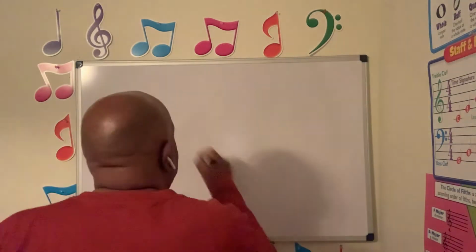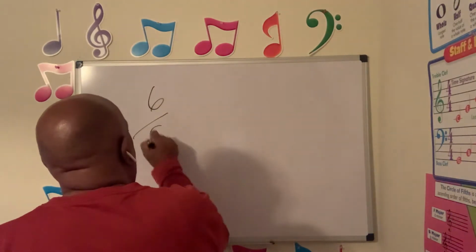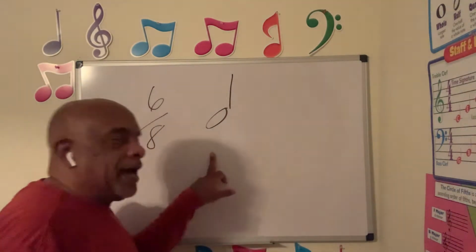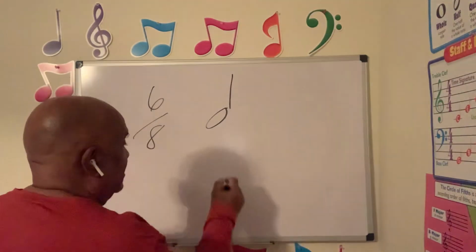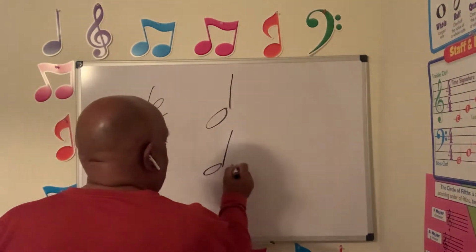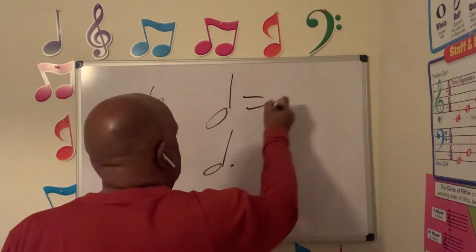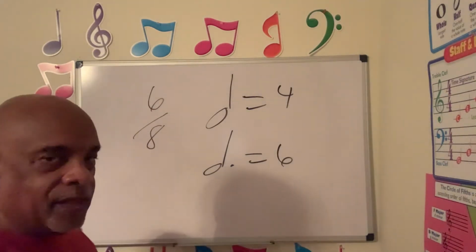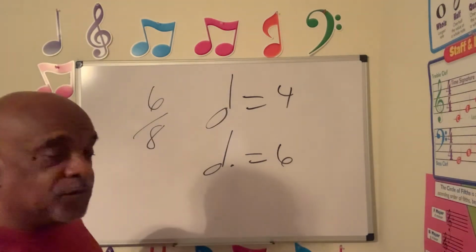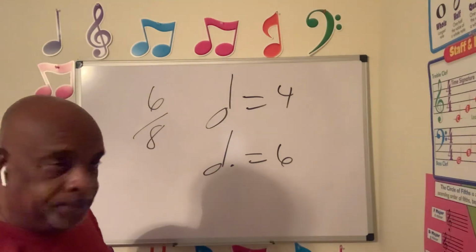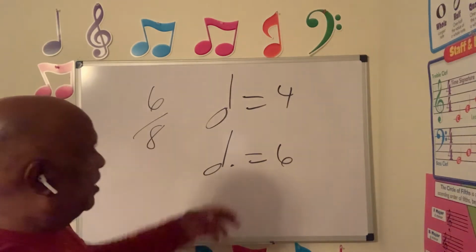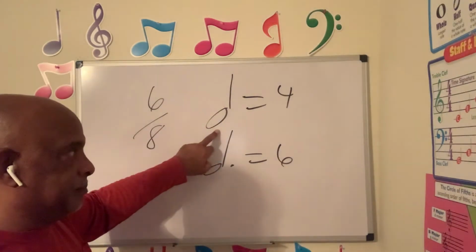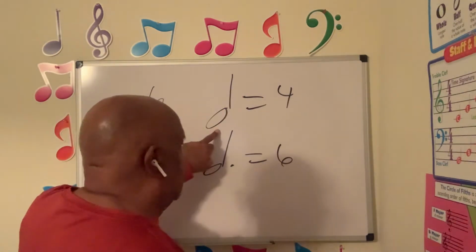In 6/8 time, the half note gets 4 beats by itself, but the dotted half note gets 6 beats. This is 6/8 time now, not regular time.